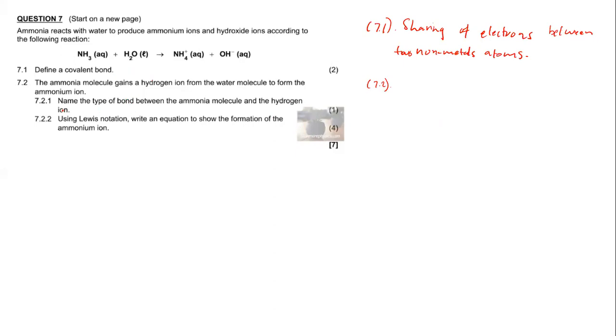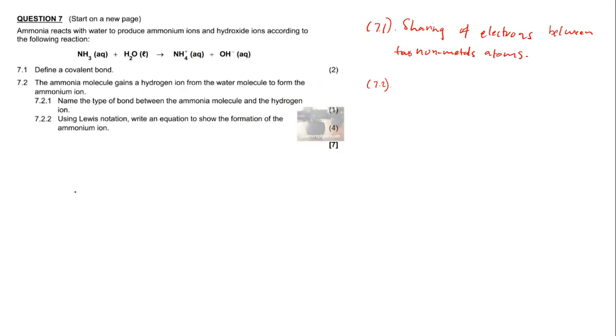So 7.2.1 says to us, name the type of bond between the ammonia molecule and the hydrogen ion, okay? The type of bond that exists between the ammonia molecule and the hydrogen ion that will be donated by water is called the dative covalent bond, or you can call it the coordinate covalent bond, okay?